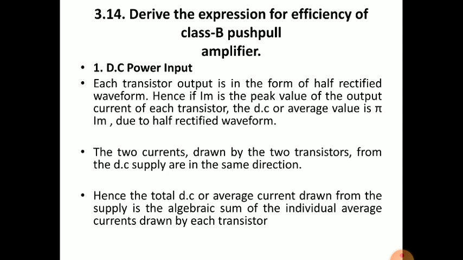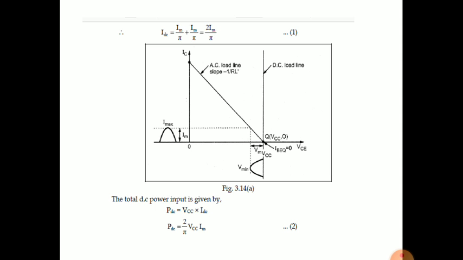That's why they add up. Hence the total DC or average current drawn from the supply is the algebraic sum of the individual average currents drawn by each transistor. We get IDC is equal to Im by pi plus Im by pi, which is 2 Im by pi.